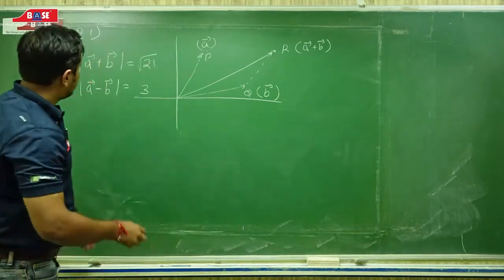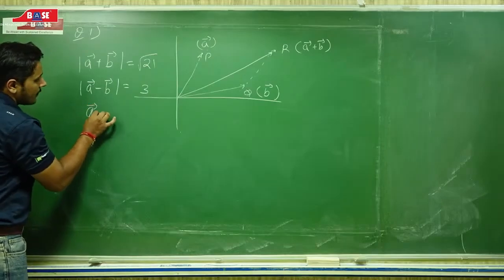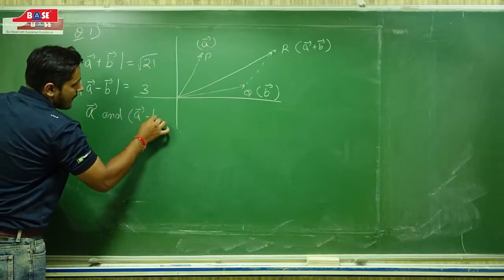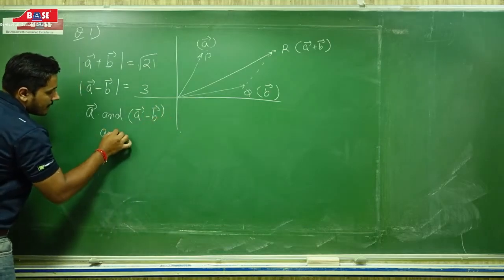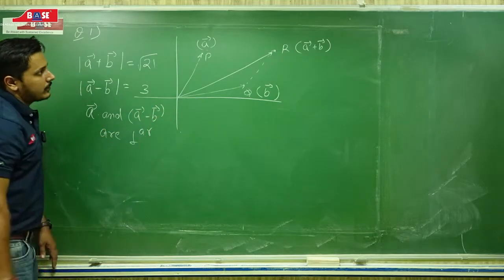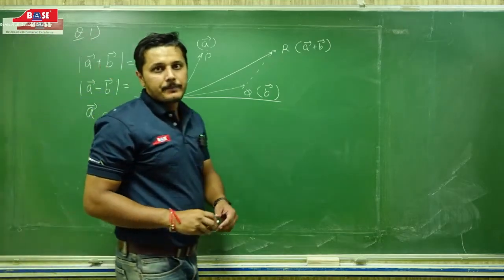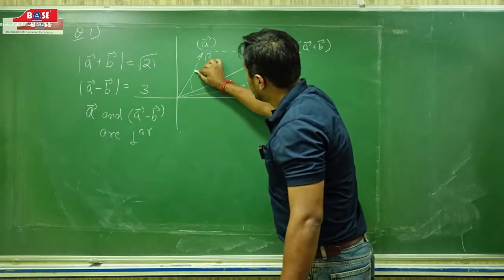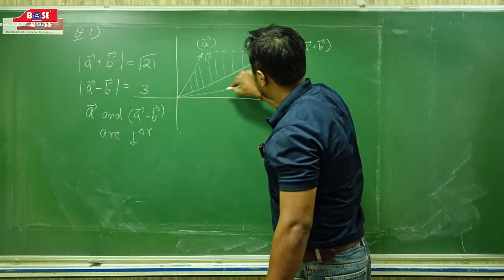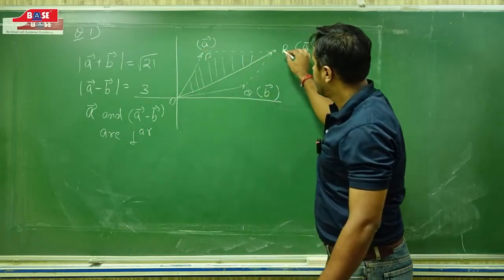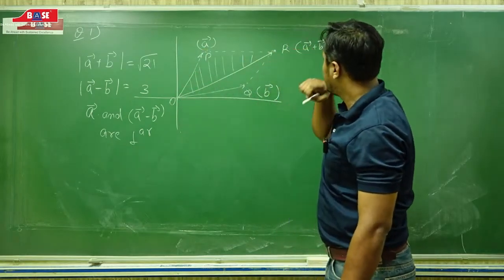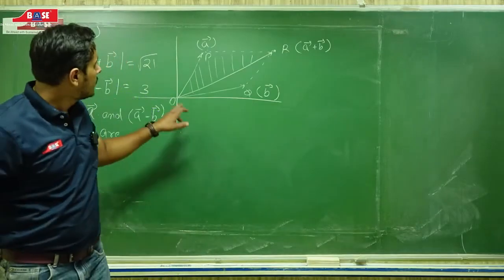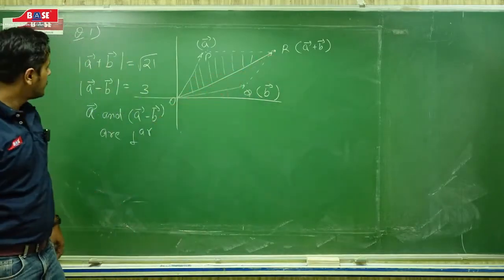And one more information is given, that is a and a minus b vector are perpendicular. Now they are asking the area of this region. They are asking area of OPR.